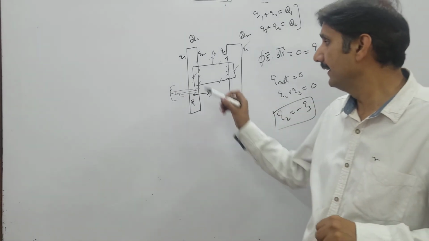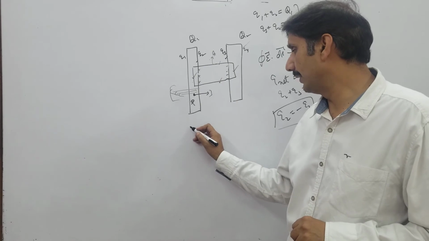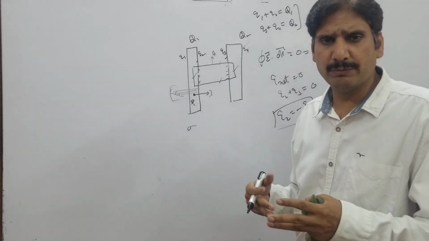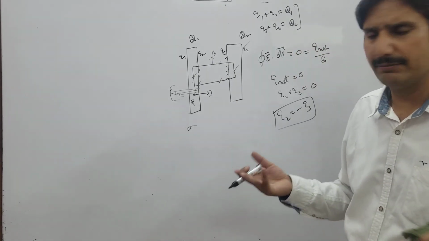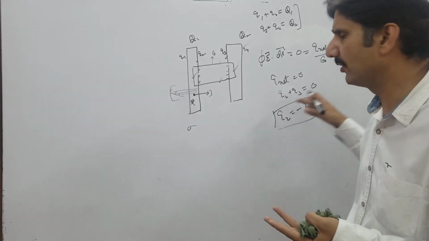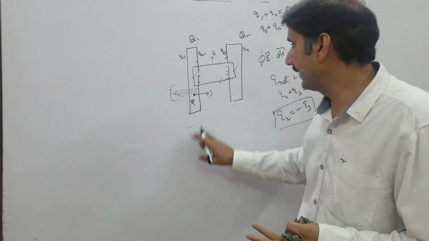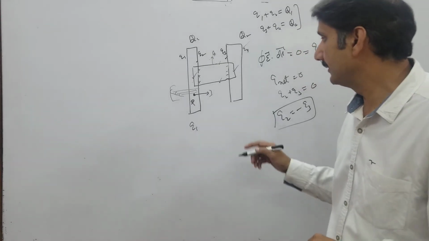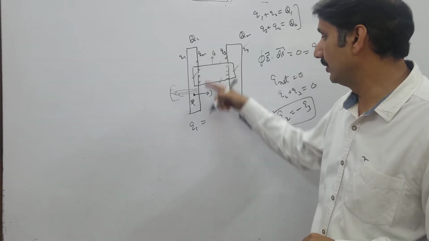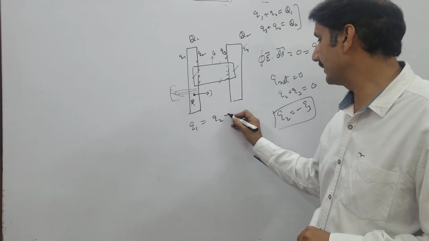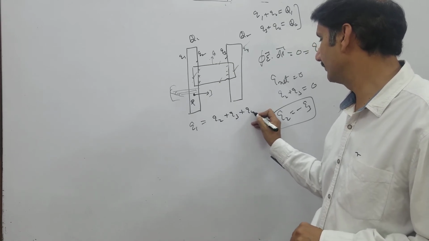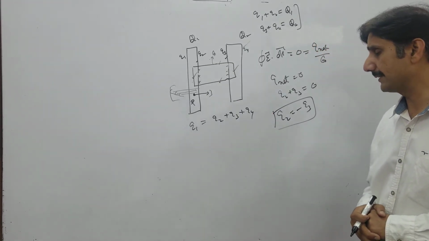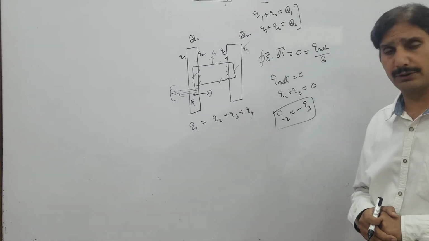Let's proceed with it. So what is electric field due to Q1? The denominator is going to get cancelled out ultimately because every time you will get the same denominator. So I am just writing down Q1 by something, that would be equal to Q2 plus Q3 plus Q4.